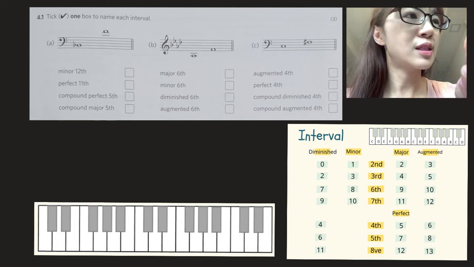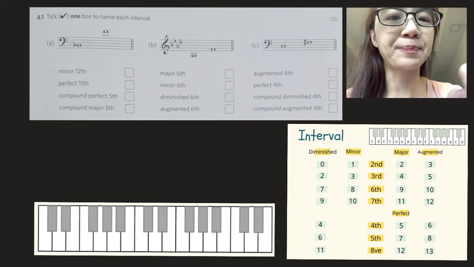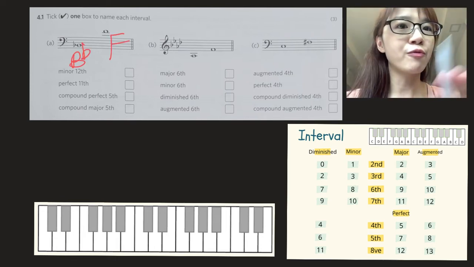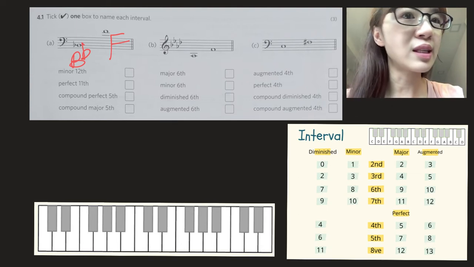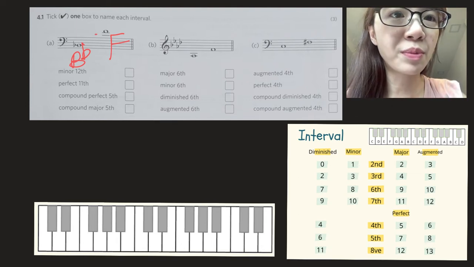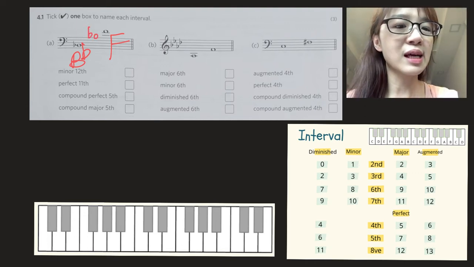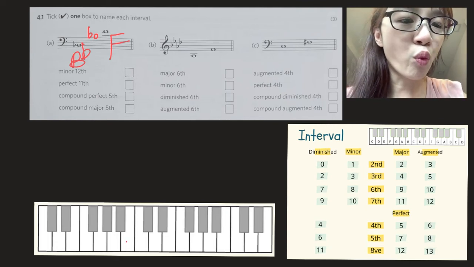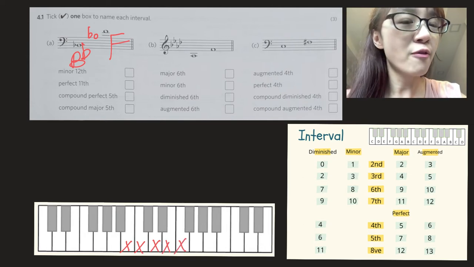Okay, first step, write down the letter name. Okay, this is a B flat, bass clef, and this is F. And we understand that this is more than an octave because there is one more B flat over here. Yes, so the first thing, let's count B to F. 1, 2, 3, 4, 5. 5 steps.